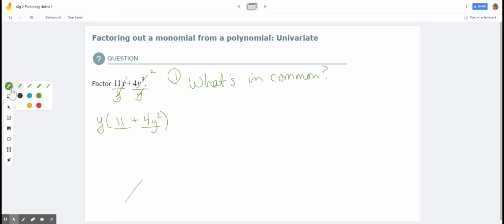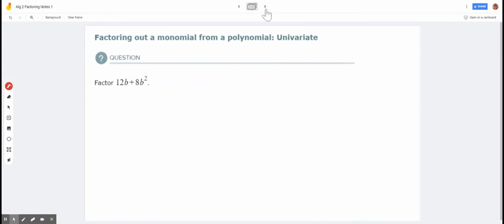You can check your answer. Y times 11 is 11y, plus y times 4y squared is 4y cubed. And look, it checks. If you're doing it my way, y times what is 11y? Y times what is 4y cubed? That's the way I think of it. It's the same thing, but different in a way.